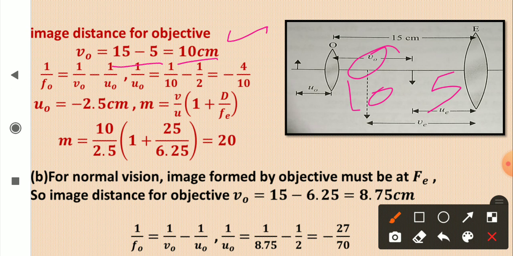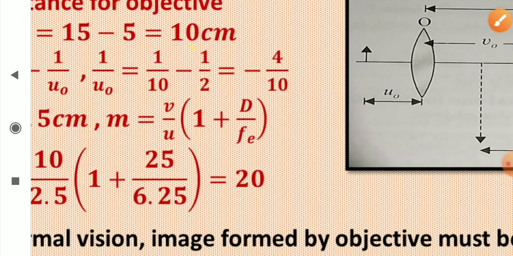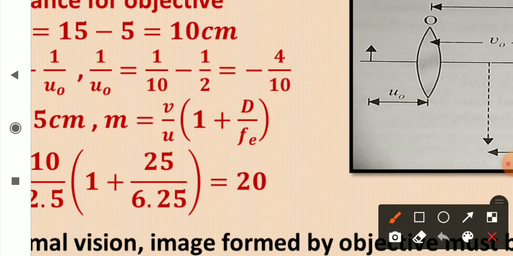So using lens formula, 1 upon FO is equal to 1 upon VO minus 1 upon UO. Take this 1 upon UO to the left, and on the right side you will get 1 upon 10. See, VO is equal to 10 minus 1 upon 2.